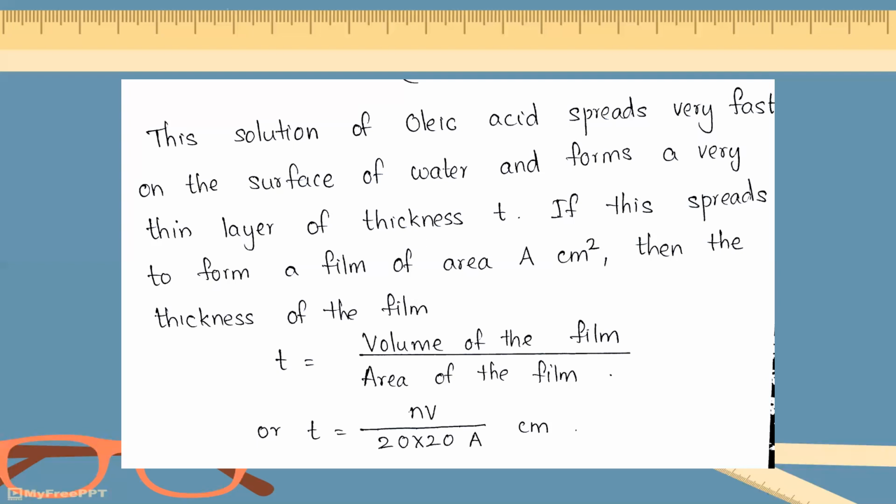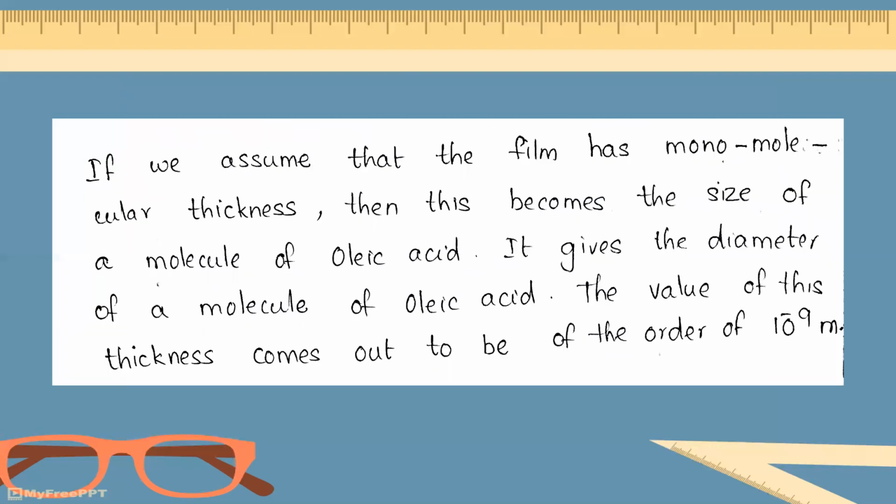The volume is divided by area, therefore we see capital A in the denominator. Therefore small t is equal to nV divided by 20 into 20 into capital A centimeter. If we assume that the film has monomolecular thickness, then this becomes the size of the molecule of oleic acid.